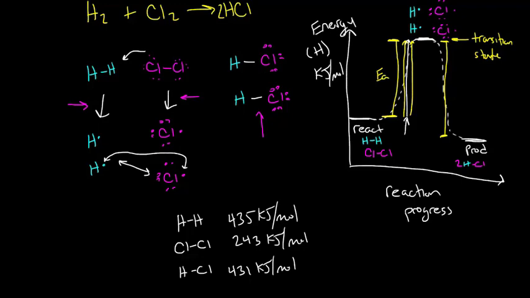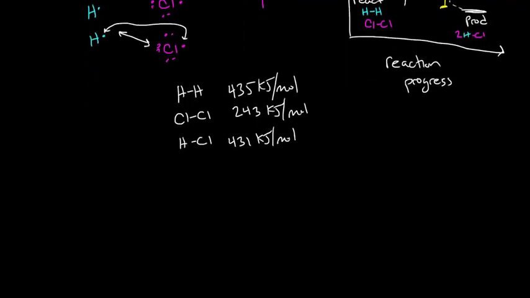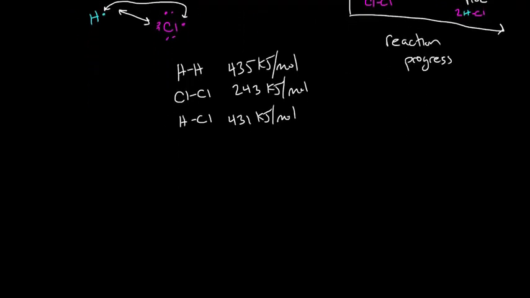So let's apply Hess's law and figure out whether this reaction is endothermic or exothermic. In our very first step, we have H2 plus Cl2, and we first want to convert this to 2 hydrogen atoms plus 2 chlorine atoms. So the energy that it requires for this reaction to happen is the sum of the bond energy of H-H and Cl-Cl bonds.